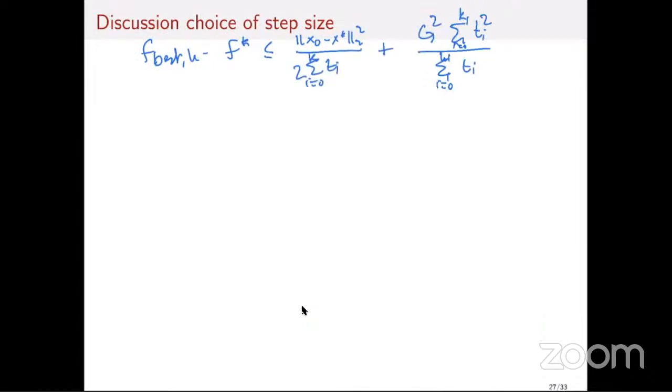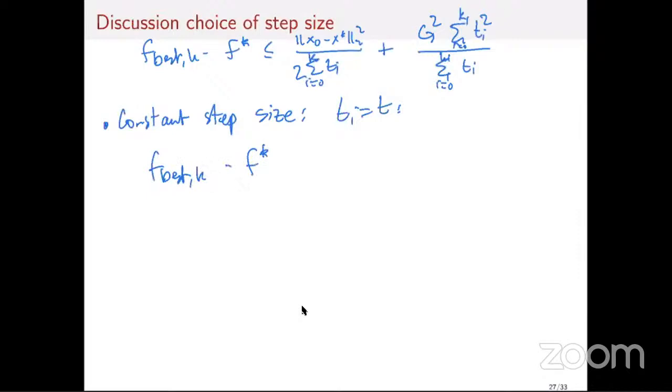So let's first look at what happens if you have a constant step size, the simplest regime. So ti is equal to t. In this case, the upper bound can be simplified.